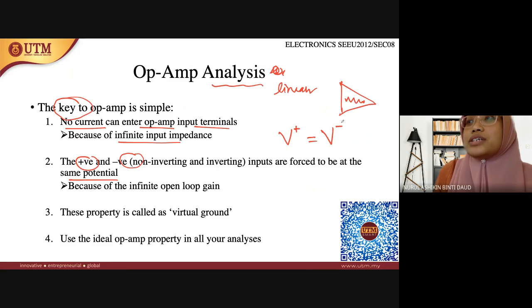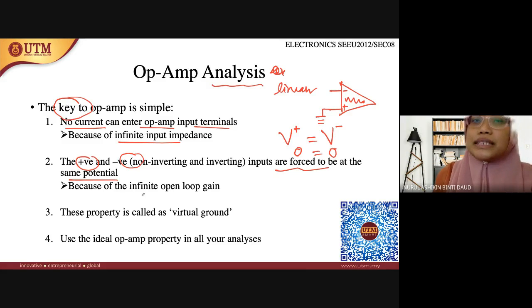Okay, so let's say this is the inverting and this is non-inverting, and the non-inverting is ground. So it means that V positive is 0, so automatically V minus also will be 0. So V positive and V minus, non-inverting and inverting inputs, are always forced to be at the same potential.